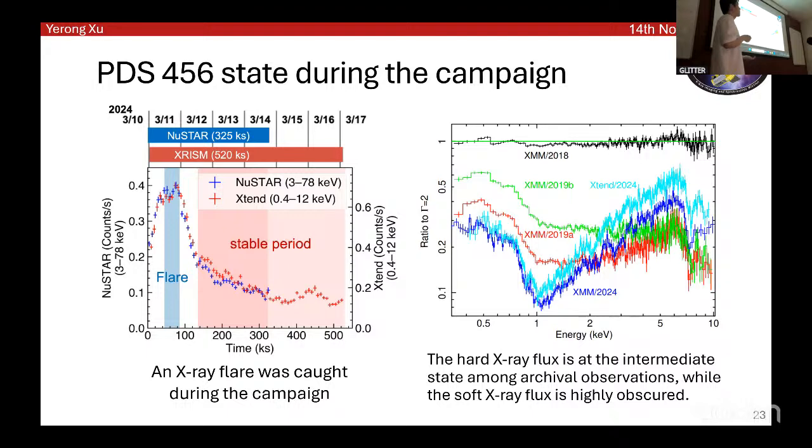But in the hard X-ray band, the source is brighter than the average observations, which is very good for the data quality from Resolve. Then let's look at the high resolution spectrum of this target.